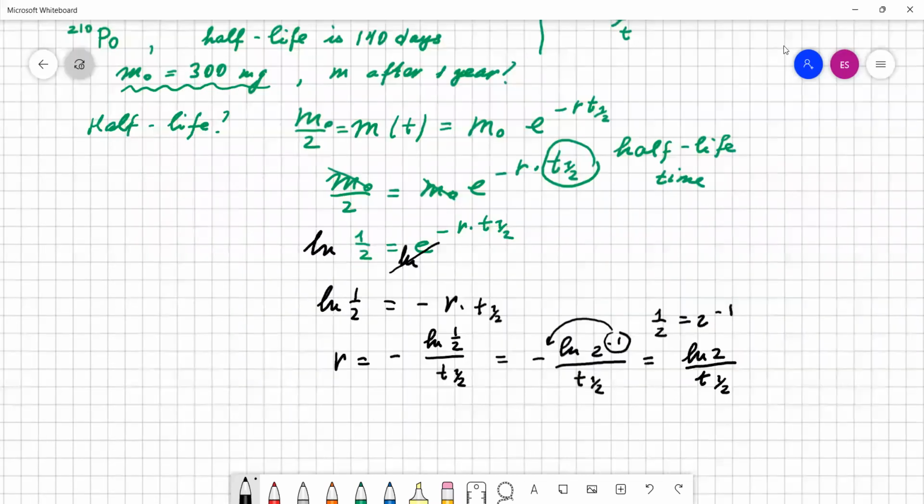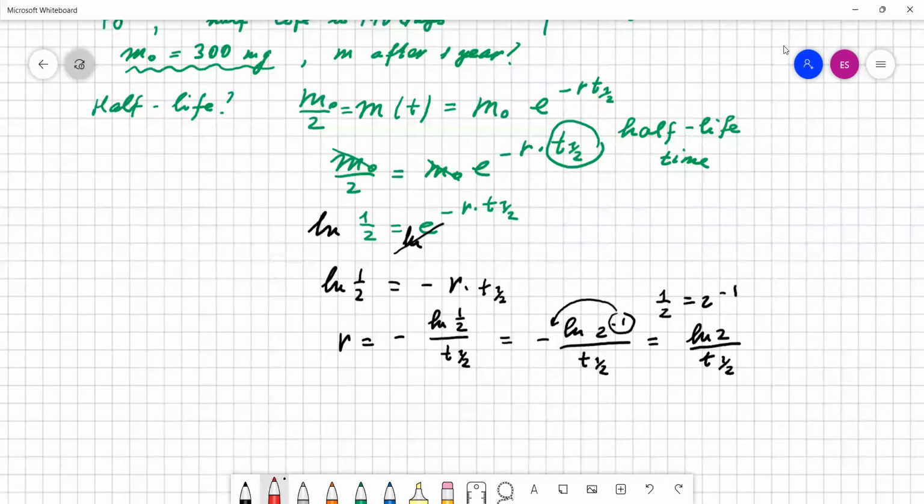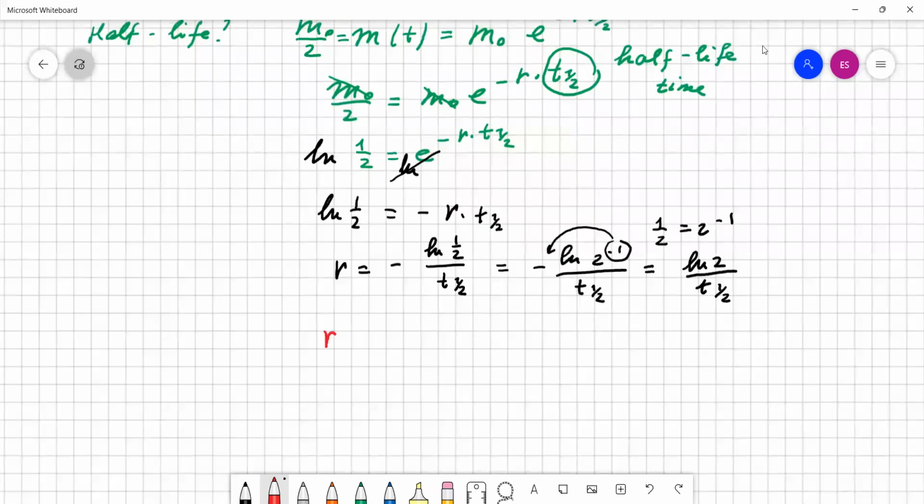Now let's write it down as a formula: the relative rate of decay r equals ln of 2 over one half-life time. In our case, because we know the half-life is 140 days, we have rate equals ln of 2 over 140.